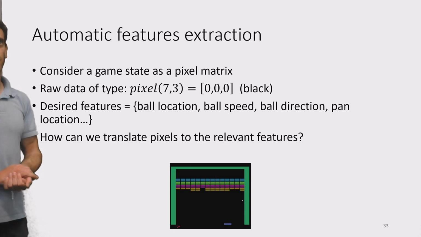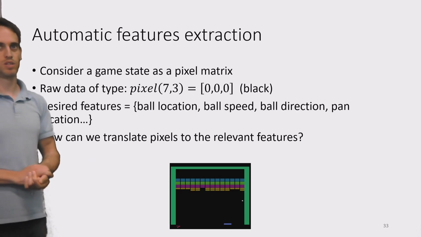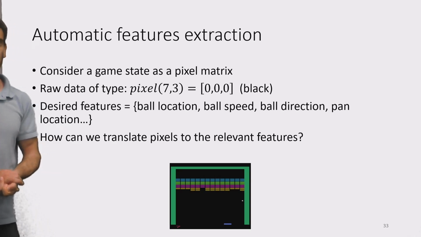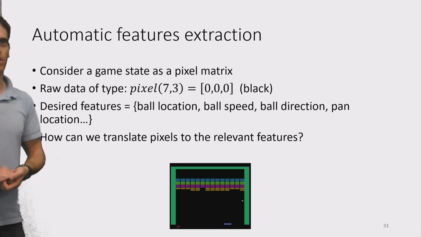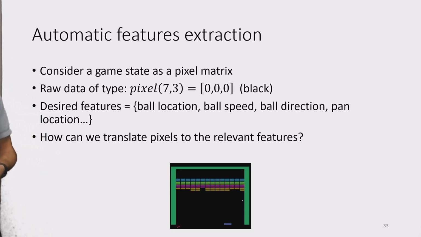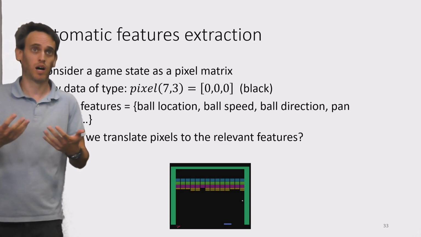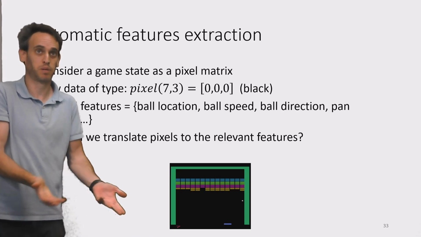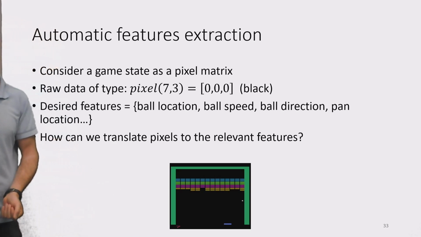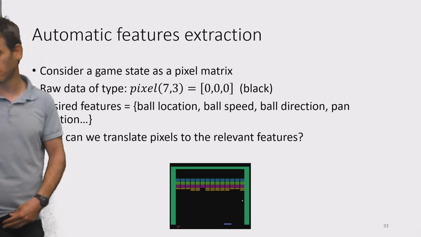And from all of these pixels, we need to extract some relevant high-level features, such as the ball location, ball speed, ball direction, pen location, and so on. And then you might ask yourself, how can we translate these low-level features, like pixels, into relevant features? And how can we do this automatically?